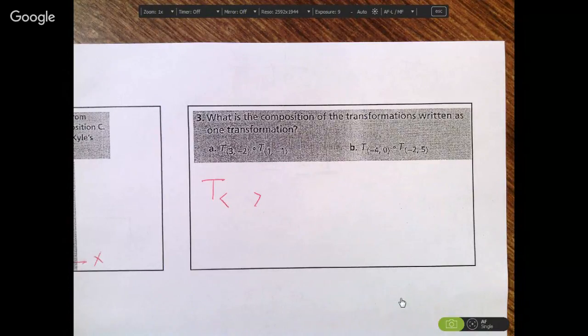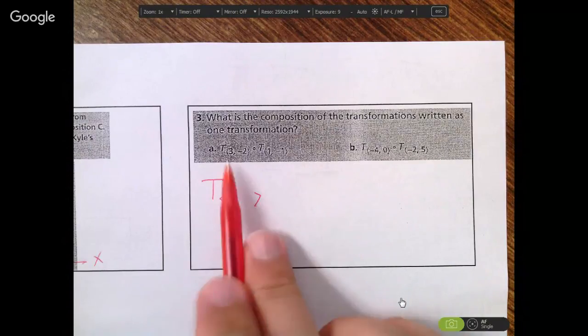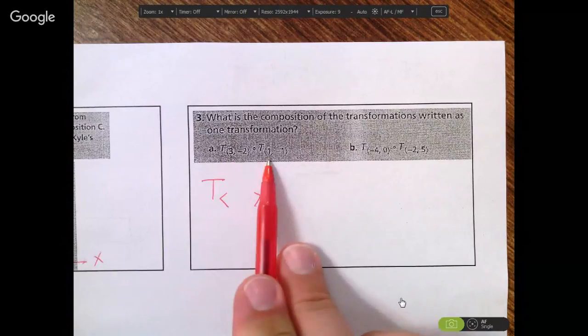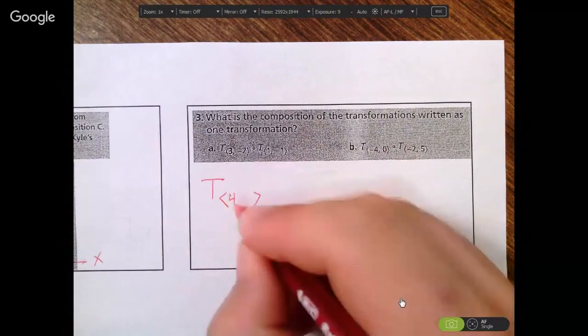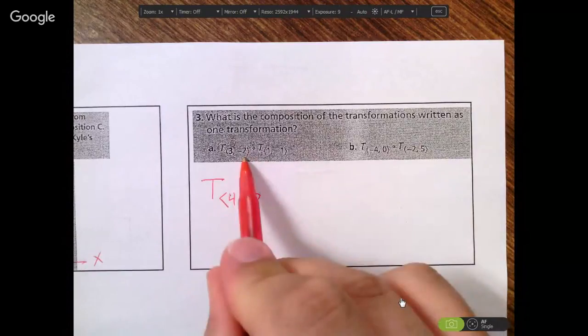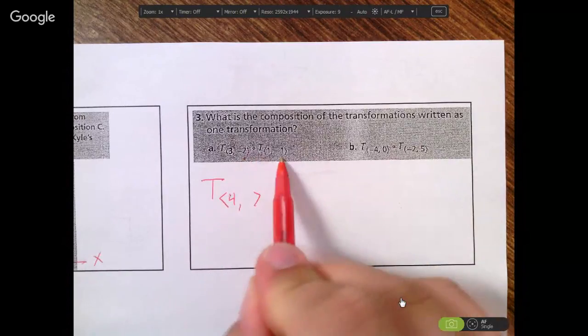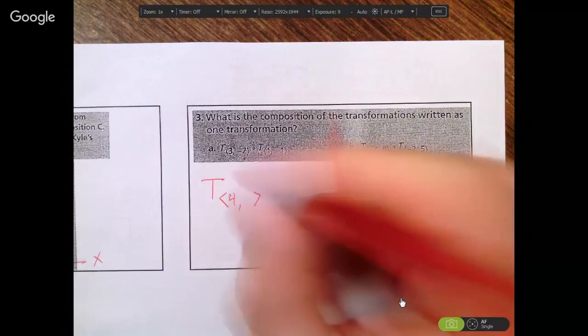I think you're way overcomplicating this. You just add them. So I tell you to move 3 in the X direction, and I say, just kidding, move 1 more. That's 4. I tell you to move -2 in the Y direction, just kidding, move -1 more. Okay.